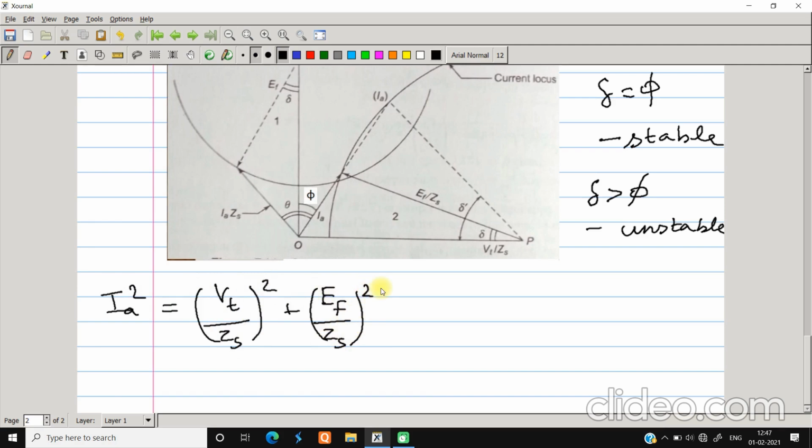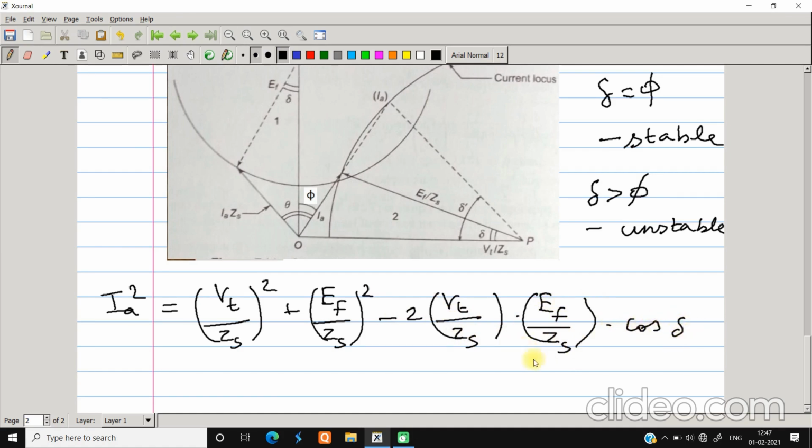So (Vt divided by Zs) the whole square plus (Ef divided by Zs) the whole square minus 2 Vt divided by Zs into Ef divided by Zs into cos delta.